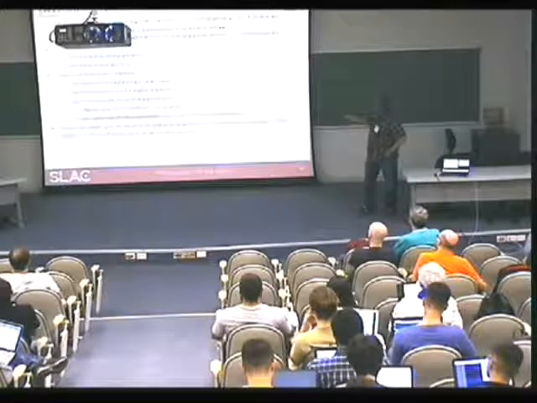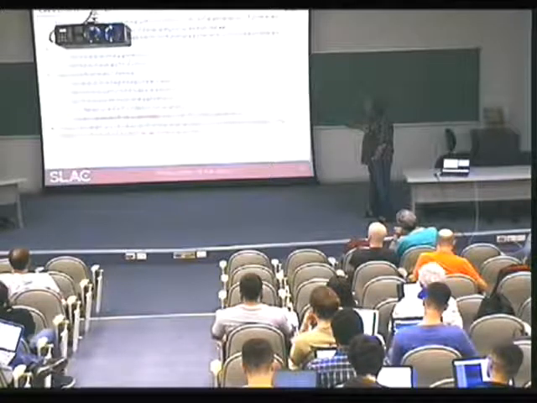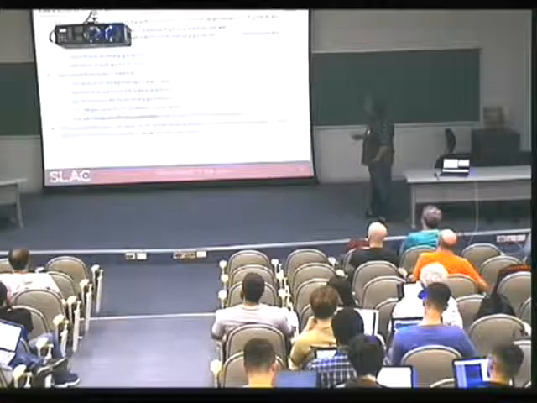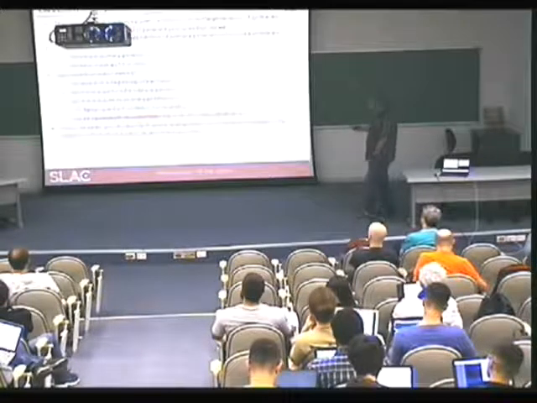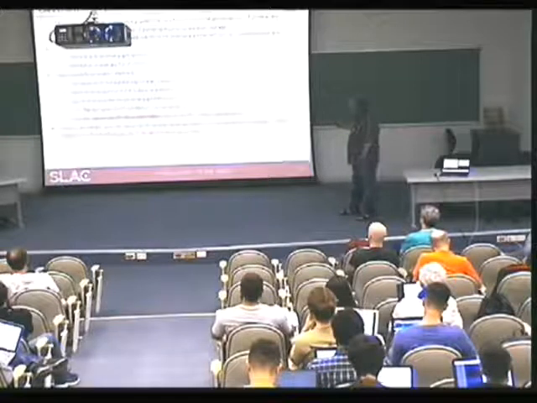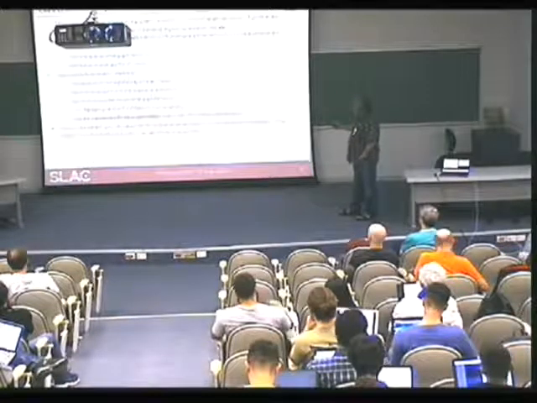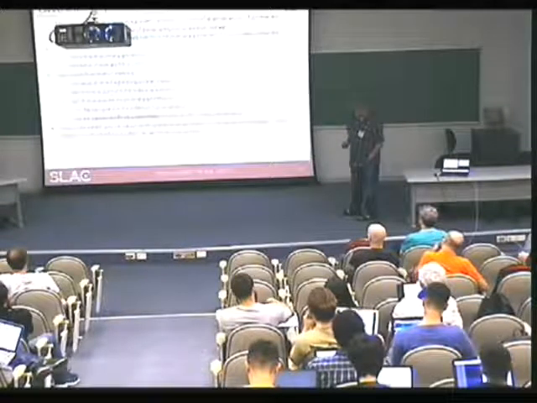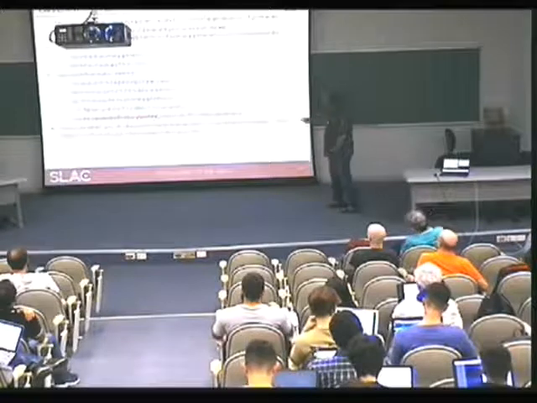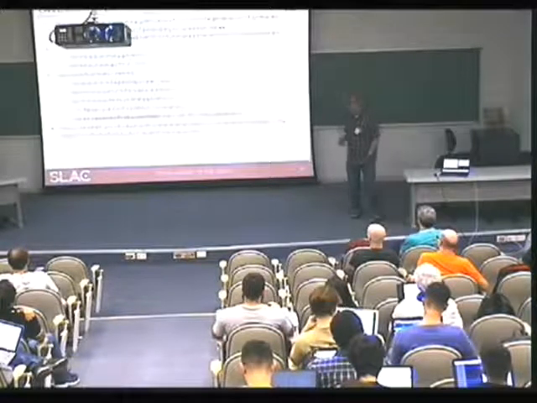So G4VUserPrimaryGeneratorAction. Okay? This class is a mandatory user class to control the generation of the primaries. Again, let me repeat. This class itself should not generate primaries, but invoke the GeneratePrimaryVertex method of the generators that you employ. Okay? So in the constructor of this class, you should instantiate a primary generator, one or more if you need.